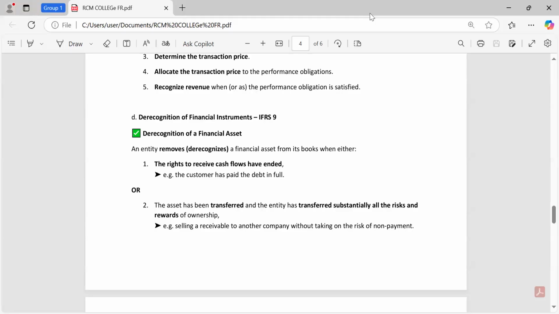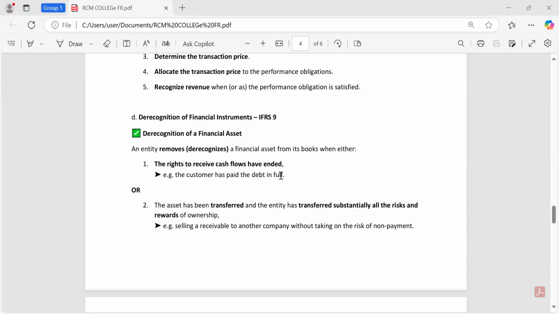How do we derecognize them? An entity derecognizes a financial asset from its books when either the rights to receive cash flows have ended. You will not receive any cash flows from this in the future, e.g., the customer has paid the debt in full.